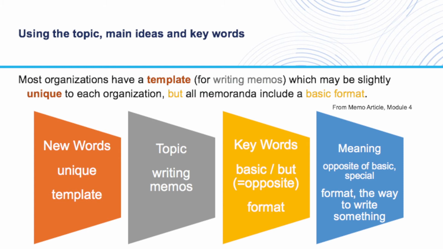Some words that help you guess the meaning of unique are the word but, which means the opposite of, and the word basic, which means your normal or regular everyday thing. So, unique must be the opposite of basic, normal everyday things. It means special to each organization.